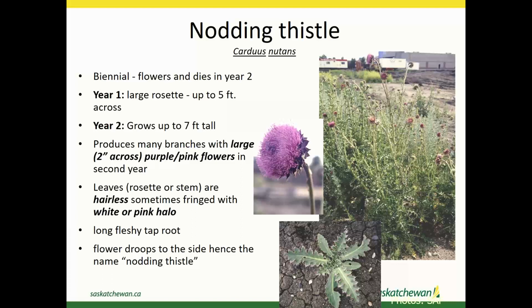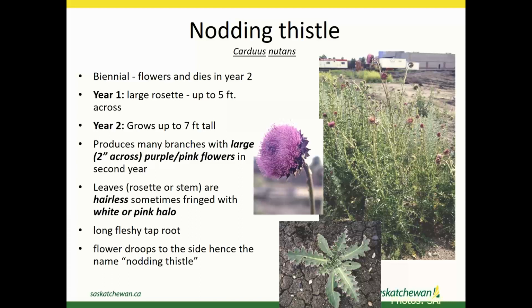In year 2, a nodding thistle can grow up to 7 feet tall, produces a lot of branches with large purple-pink flowers that can get up to about 2 inches across. And that's in contrast to bull thistle, where it's got that larger vase-shaped bud, whereas nodding thistle or musk thistle has a more sunflower-shaped flower that's very large and pink.